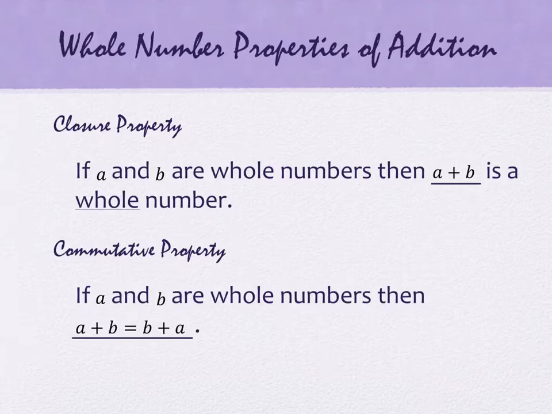So when kids have learned how to count from 0 to 100 or whatever, it doesn't matter what 2 numbers you pick for them, they're always getting a number that they're familiar with. You can't add 4 plus 7 and get something that's a fraction or a negative. Now, that's very specific to addition and to whole numbers.